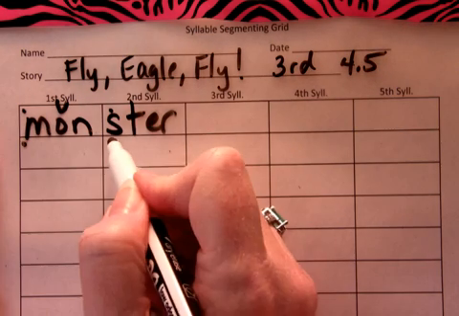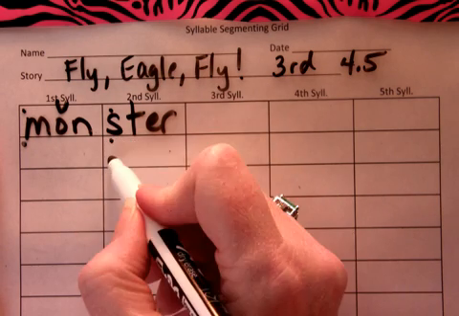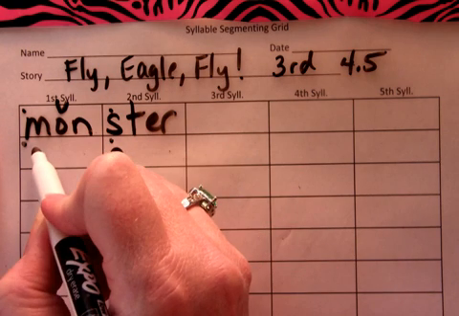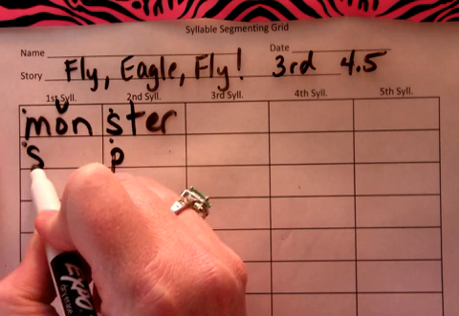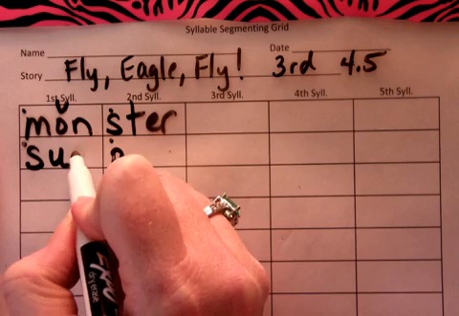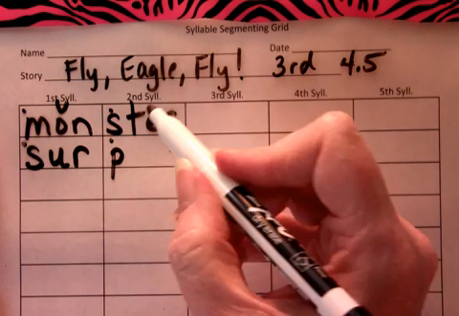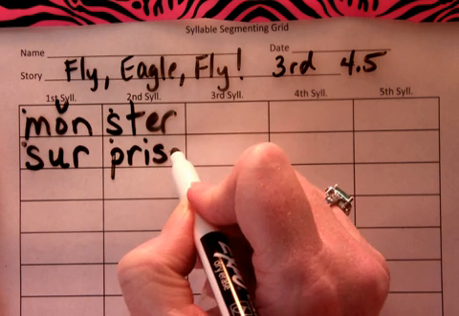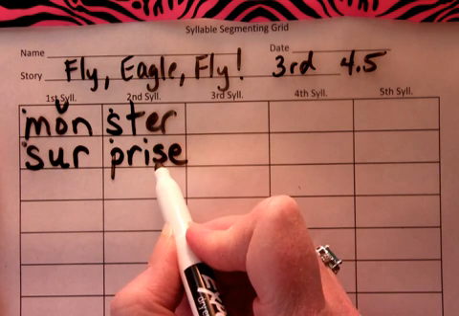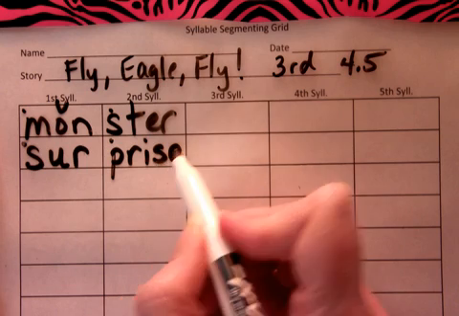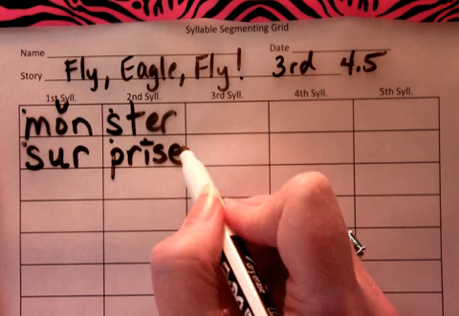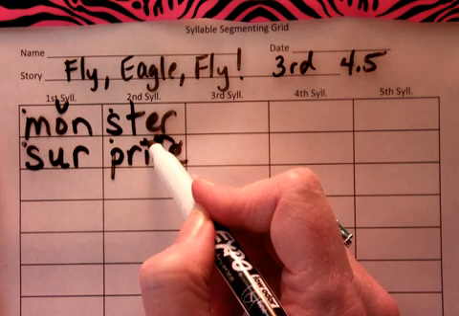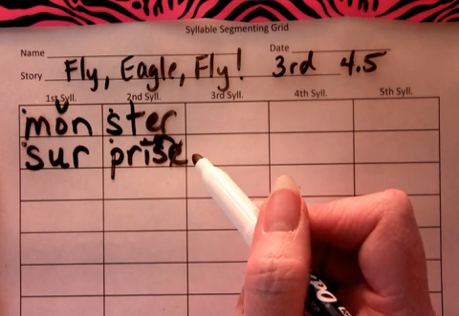The next word is surprise. Surprise. I heard the P at the beginning of this one. The first syllable is sir, spelled S-U-R. Prize, P-R-I-Z-E. Z can be represented by the S. And the I says its long sound because of the silent E. The long mark, I learned, is a macron.